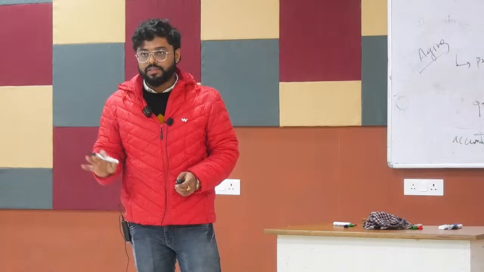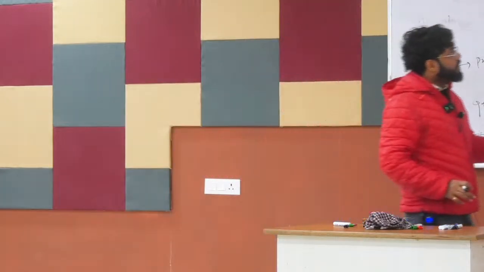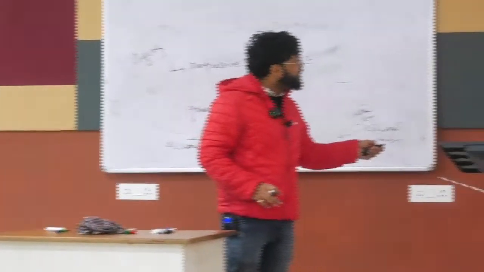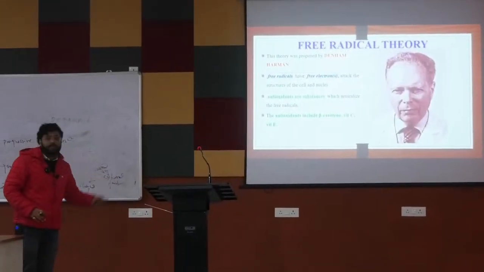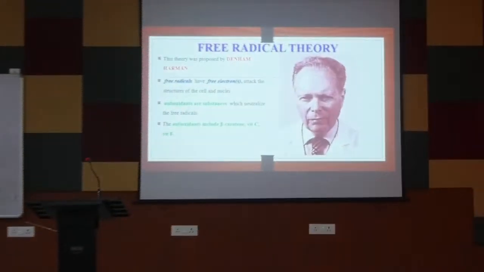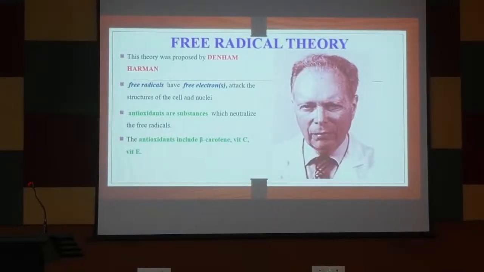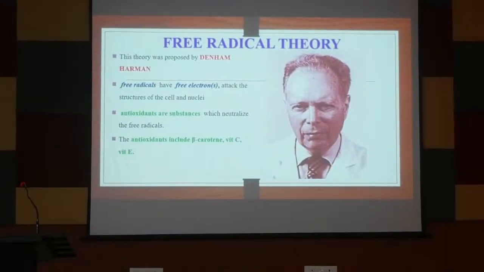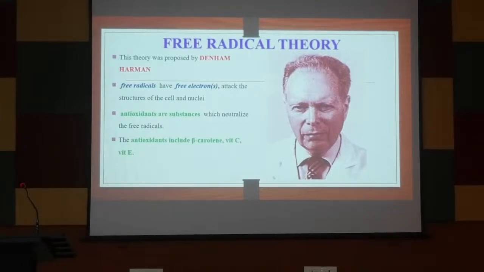এখানে মাঝখানে একটা স্লাইড দিয়েছি, এখানে বলেছিলাম theory-র মধ্যে একটা আছে free radical injury. This theory is proposed by Denham Harman. He is telling that free radicals and free electrons are produced during the normal respiratory cycle of mitochondria.